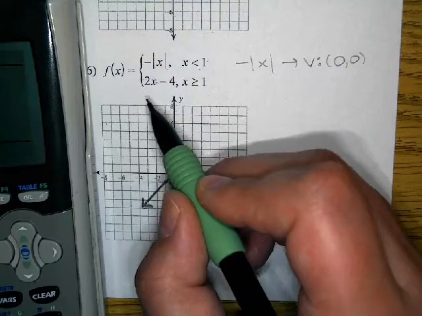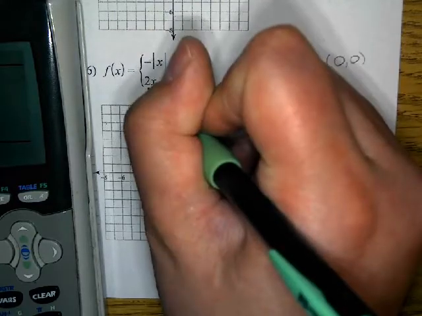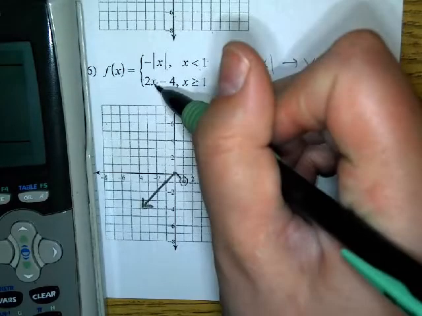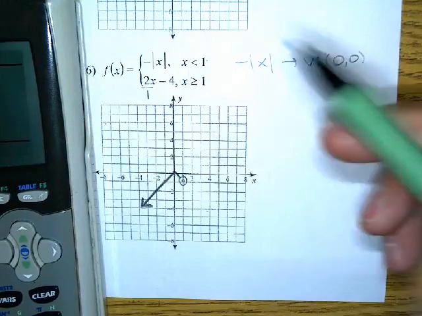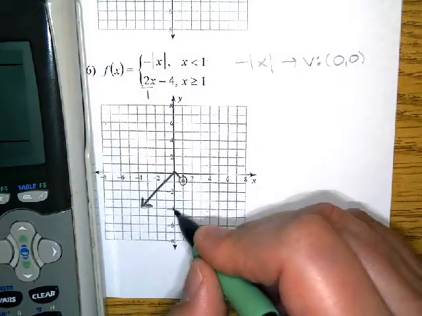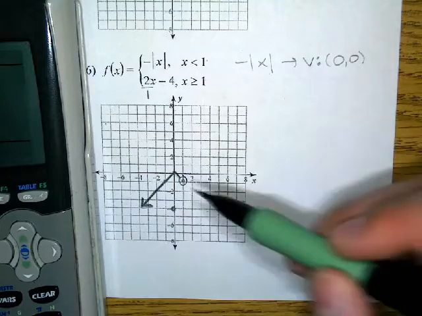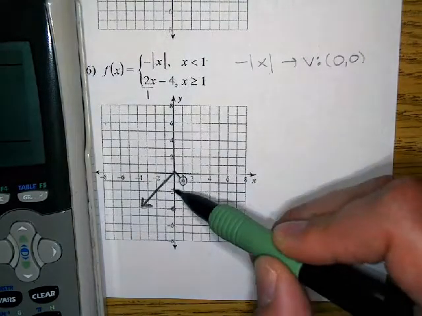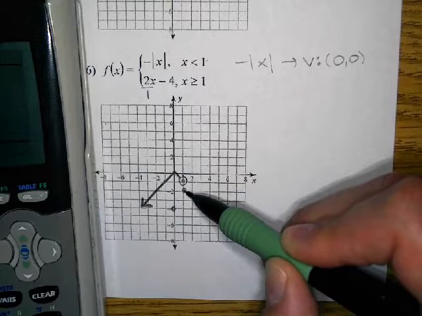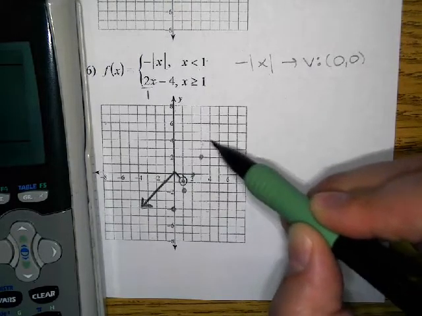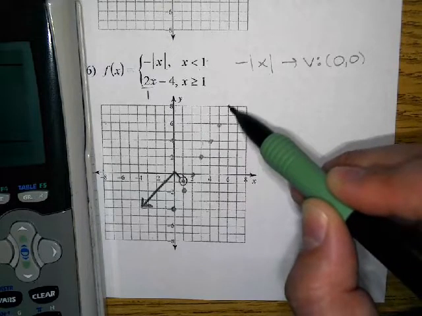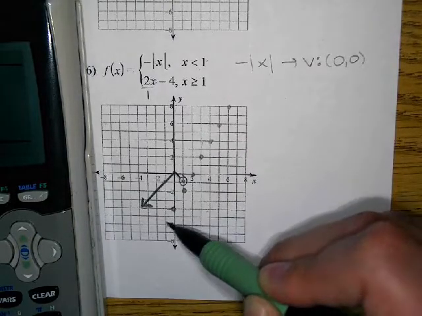Okay, so my y-intercept is negative 4, and then I'm going to go up 2 over 1, up 2 over 1, up 2 over 1. So here's my line.